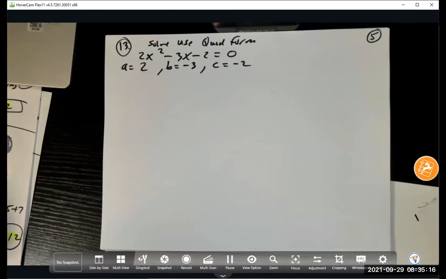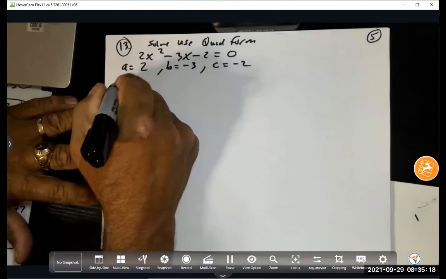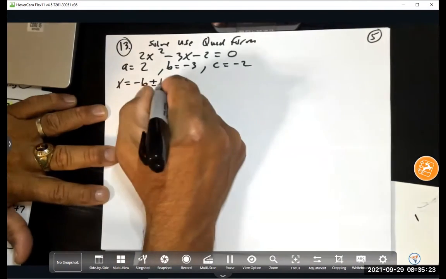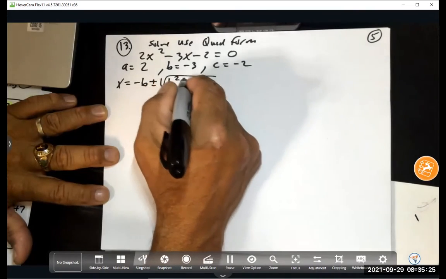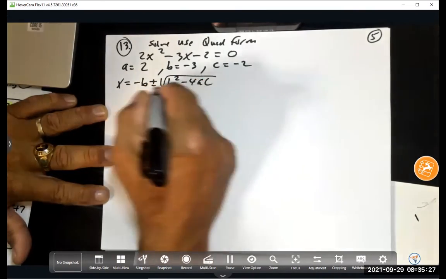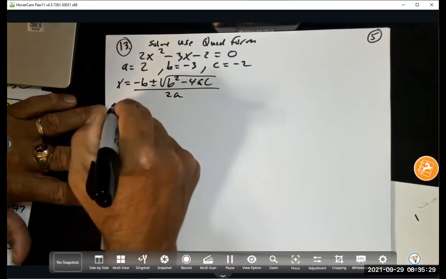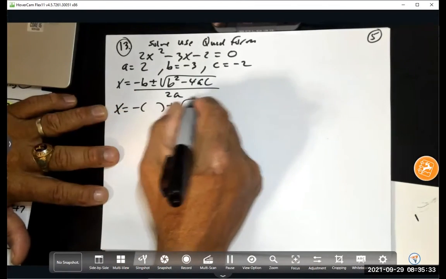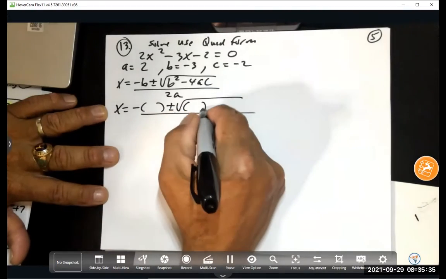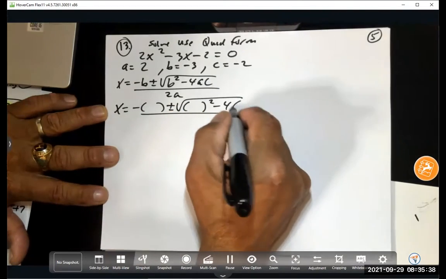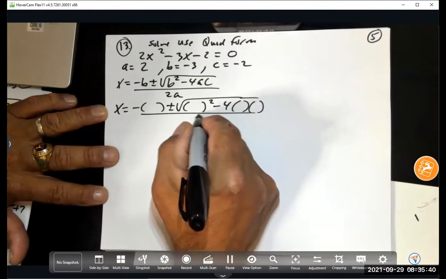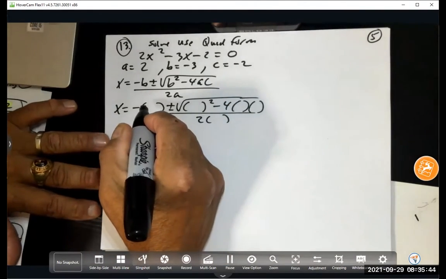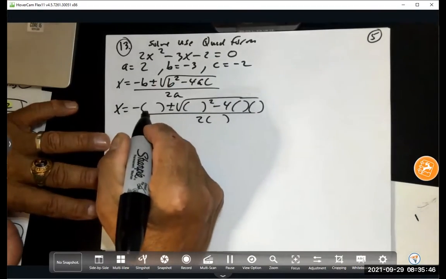All right. So now I'm going to write up the formula. Negative B plus or minus the square root of B squared minus 4AC, all over 2A. Because negative of B plus or minus B squared minus 4 times A times C, over 2 times A. All right. So for letter B, what goes for letter B?